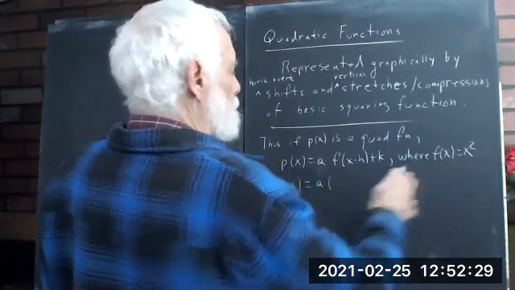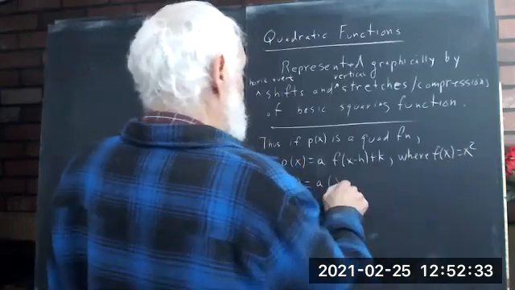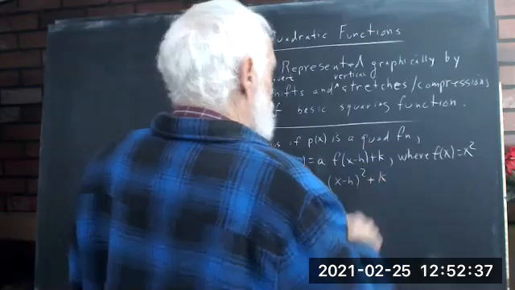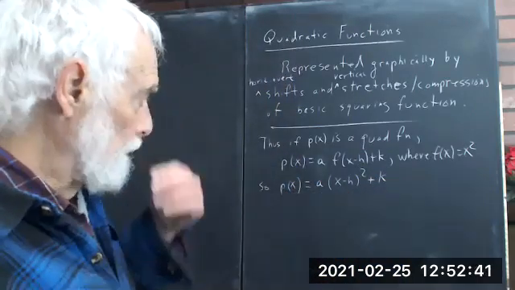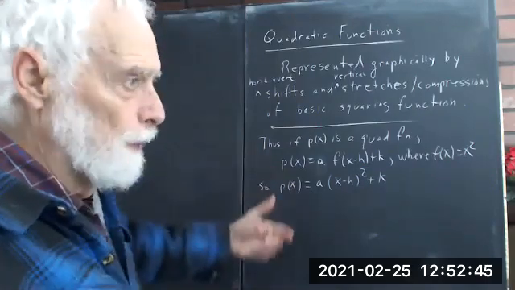If f of x is x squared, f of x minus h is x minus h quantity squared. And there is our general form of a quadratic function. That's your quadratic function.